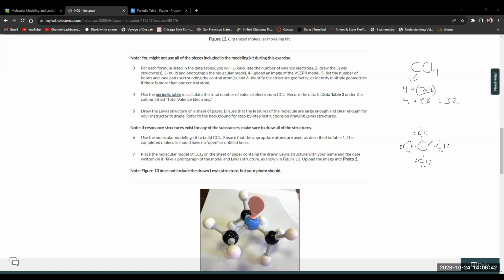And then carbon has 4. So this one's kind of a no-brainer of how we should pair everything.